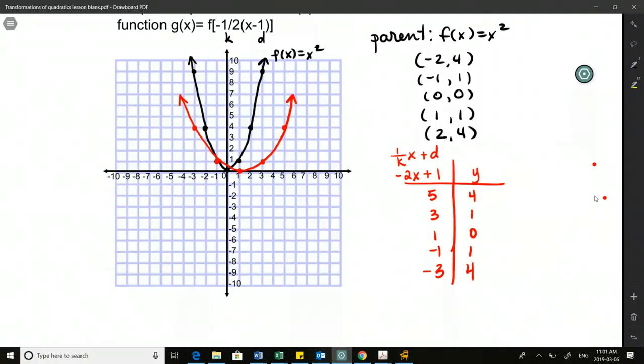Okay, new transformed function. I am dropping the f in this function up here, and I'm putting a squared on the outside of this bracket. Making sure that that whole thing is in brackets as well. So it'll be -1/2 (x minus 1) all squared.